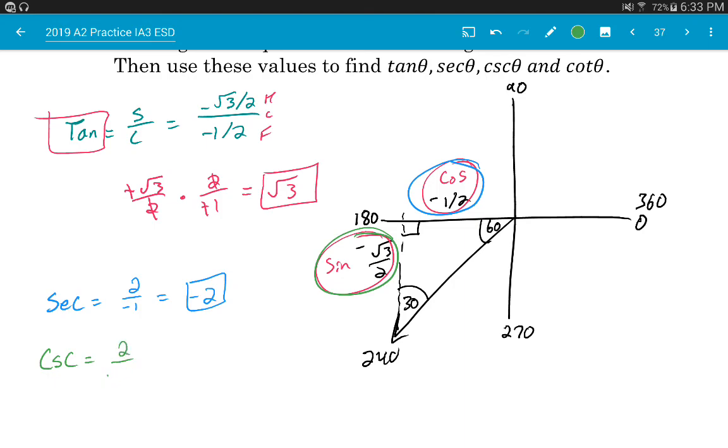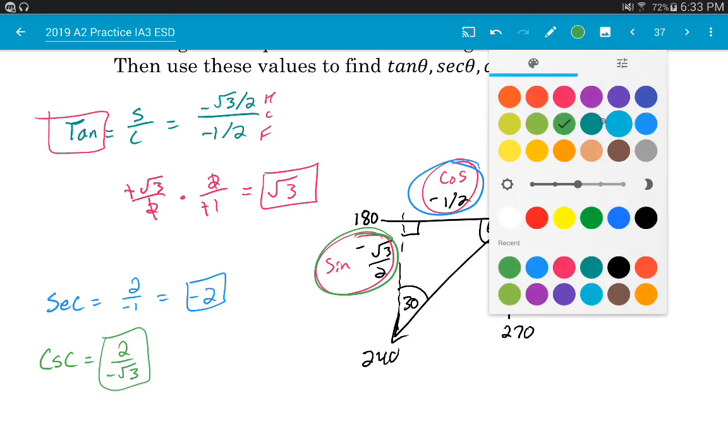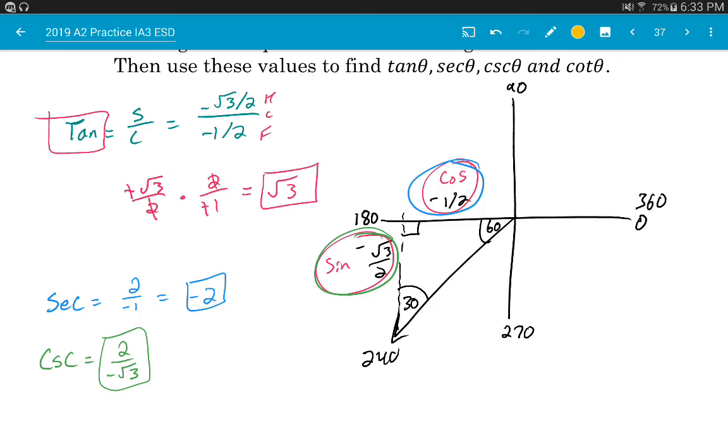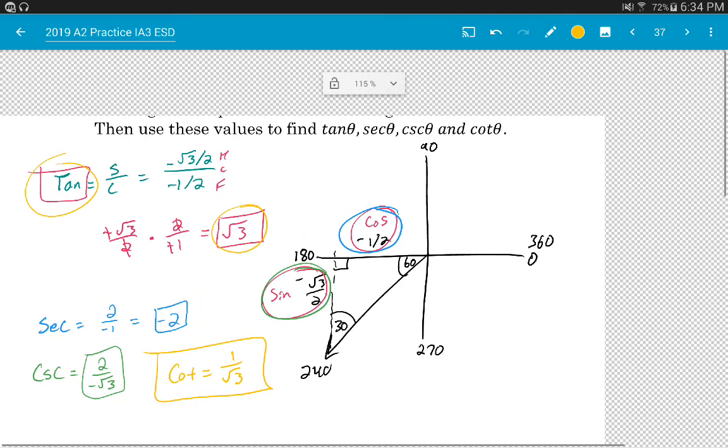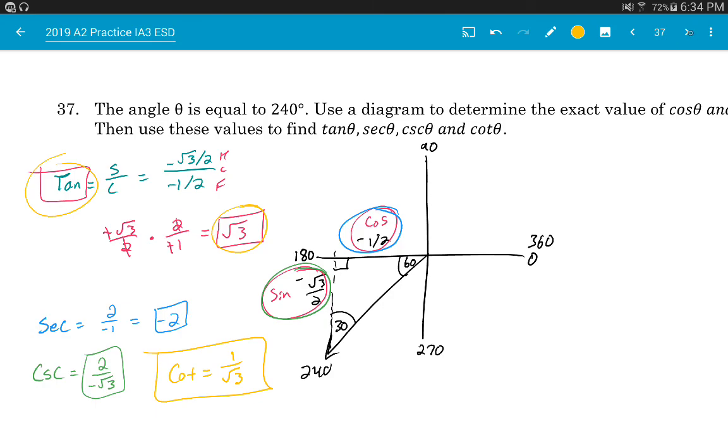So flip it, 2 over negative radical 3, and there's no simplifying to be done. Last, cotangent. Cot is flipped tangent. So take radical 3 and let's flip it, 1 over radical 3. And that's the solutions. Okay. I would want to rewrite them, of course, to be clear, but this video is getting very long, so let's continue.